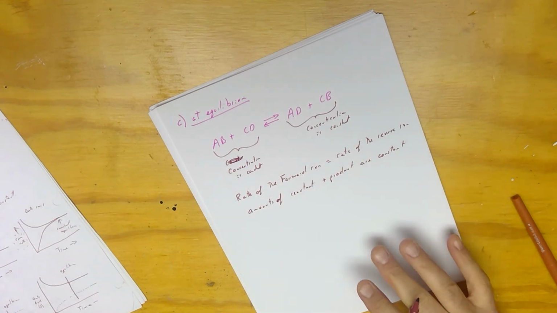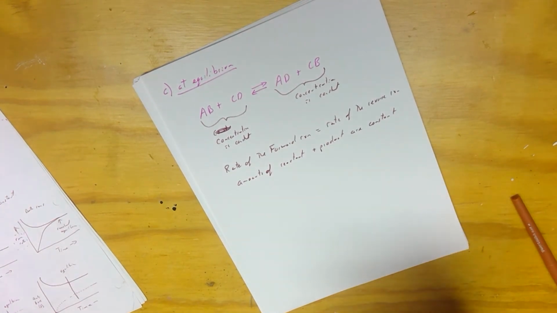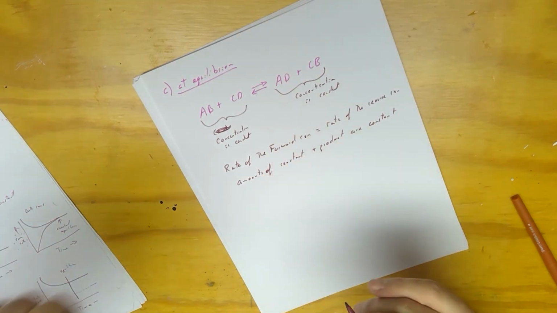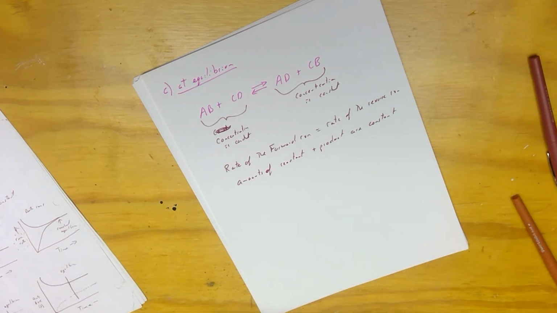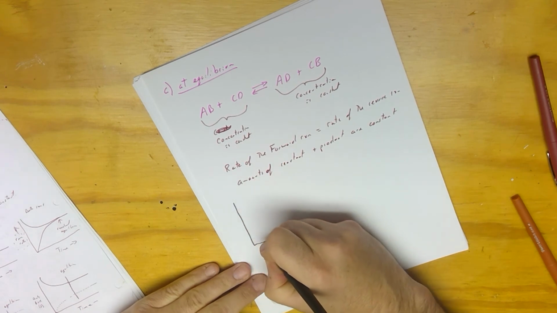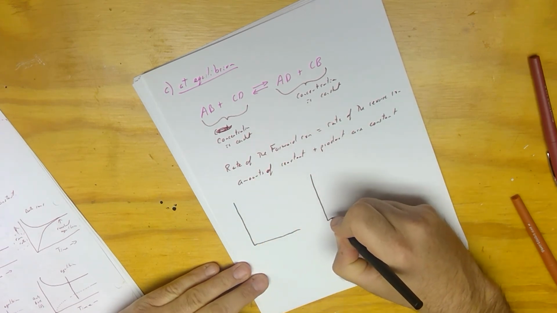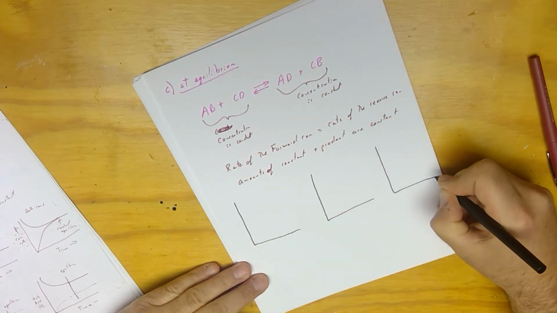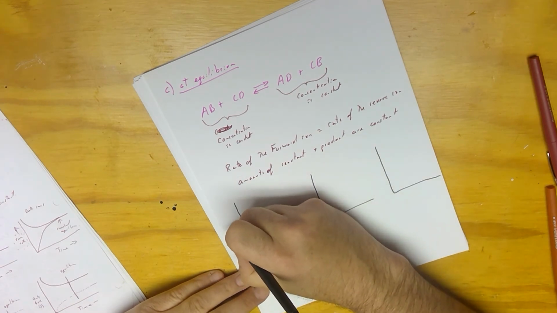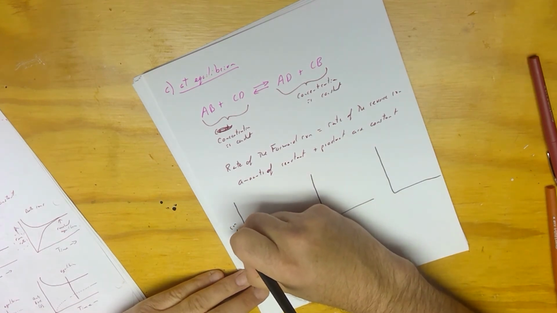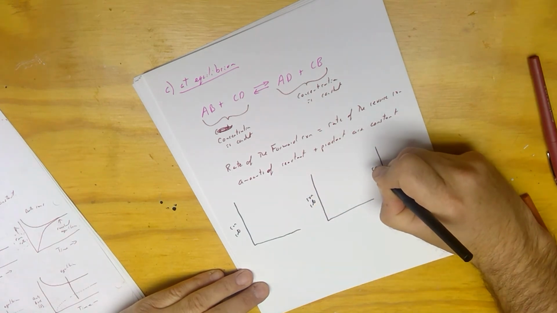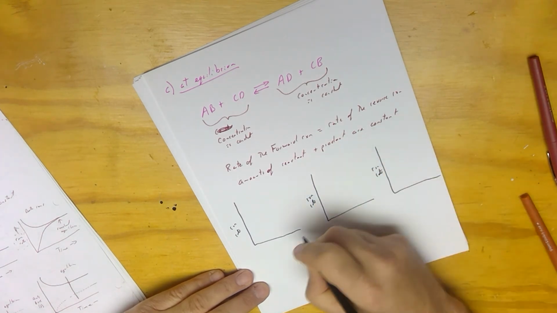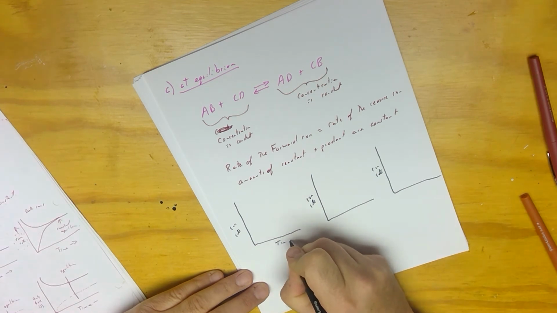Now, there are some graphs that you need to be able to recognize with equilibriums. And I want to run through them with you. So I want to draw 3 small graphs right here real quick. 1, 2, 3. And I want to label it reaction rate, and down here, we're going to label it time.